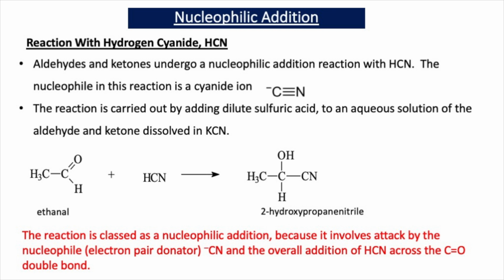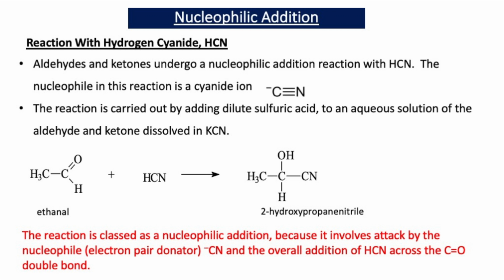So if we look at the compound that's formed here with ethanal, the longest chain has 3 carbons in, and there's an OH group attached to the middle carbon. Now carbon 1 is the CN group, so therefore the OH group is on carbon 2. So this compound is called 2-hydroxypropanenitrile.